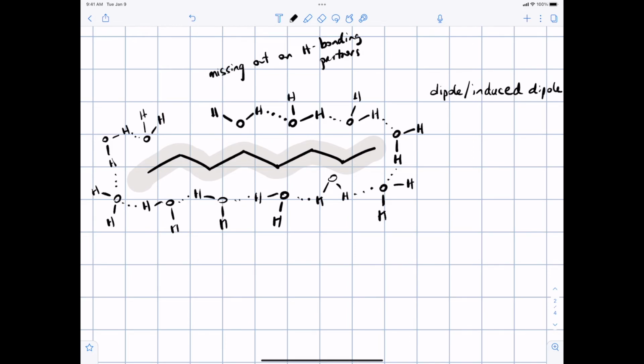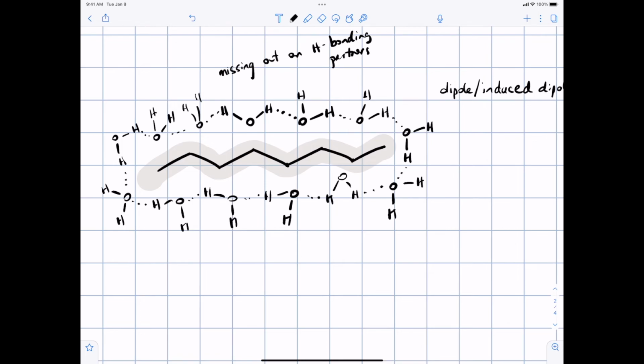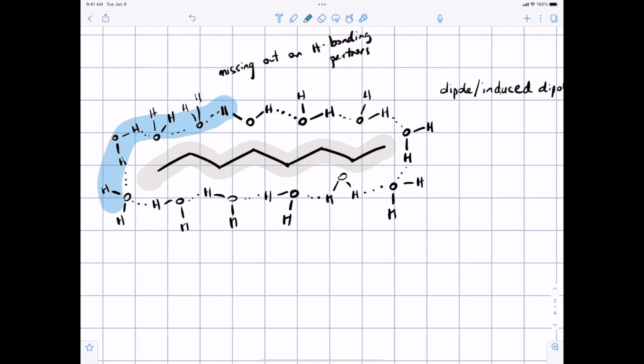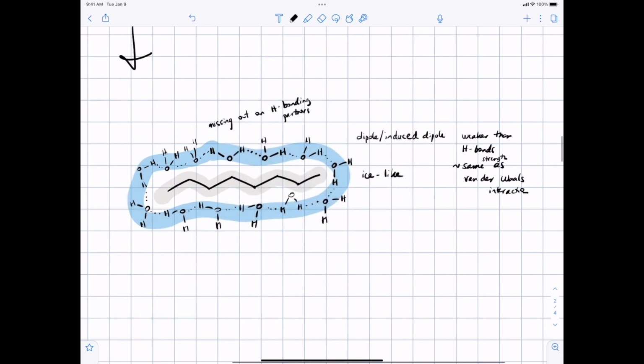That causes the water molecules close to the nonpolar group to slow down. And of course, molecules with lower kinetic energy are more rigid and less flexible. So basically, you encase the nonpolar molecule in an ice-like cage.